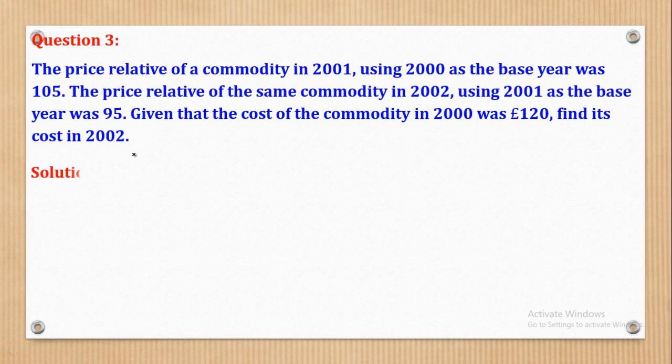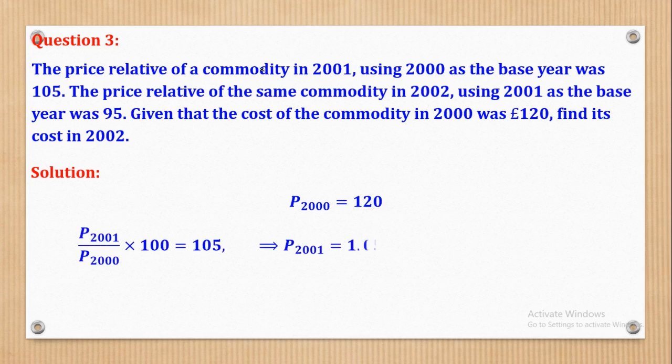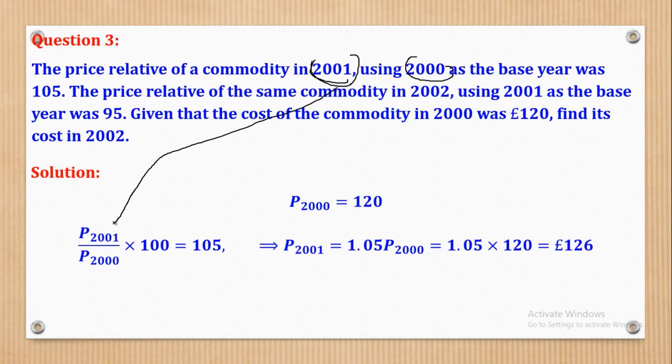Now here it needs some English, but I shall do it. First of all, they gave you the price for 2000 and it was £120. This is P2000. Then they told you something about 2001, that the price relative in 2001 using 2000 as the base, that is why we are using P2001 over P2000 multiplied by 100 gives you this.